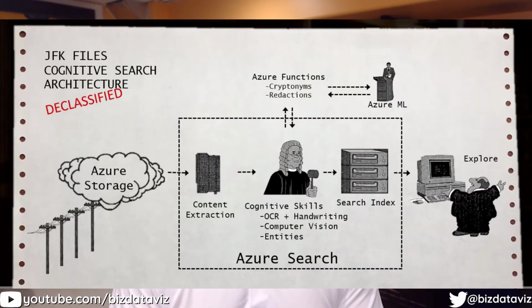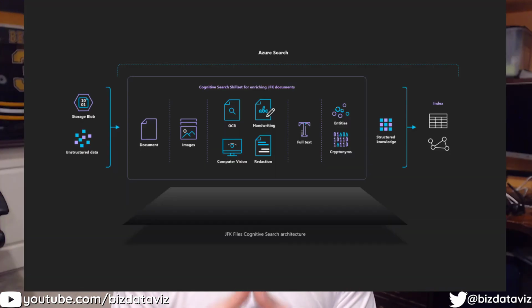Finally, one of the most publicly available and famous knowledge mining solutions is the example that Microsoft put together a couple of years back, using the JFK files that were released by the US government, totaling over 40,000 documents, pictures, images, and more. By exploring this site, you'll see that the developers used a combination of common cognitive services such as computer vision, OCR, and handwriting recognition, as well as entity linking.